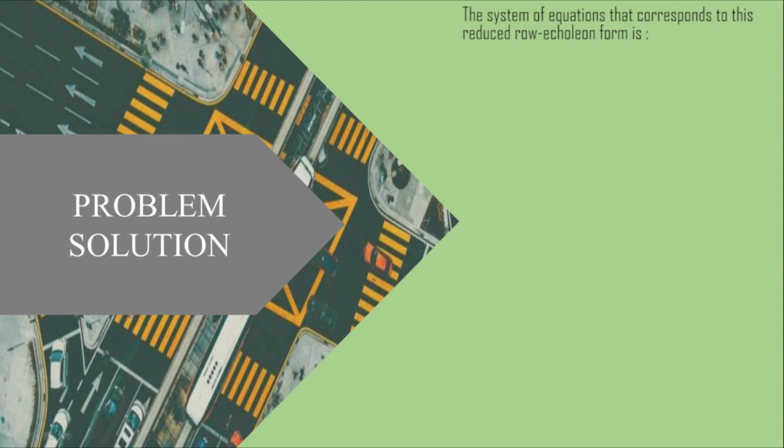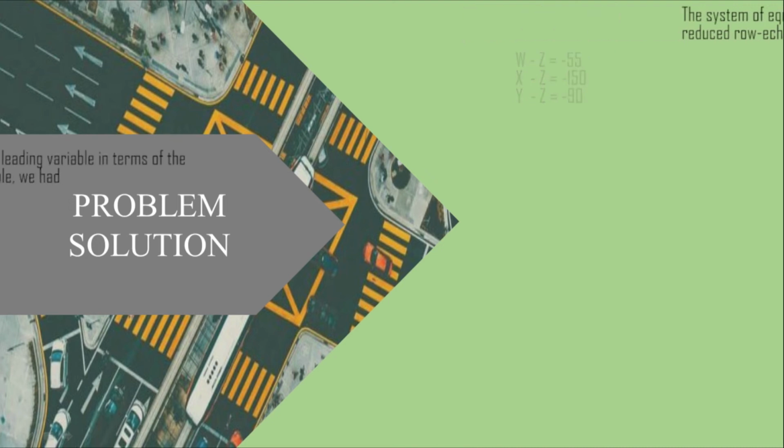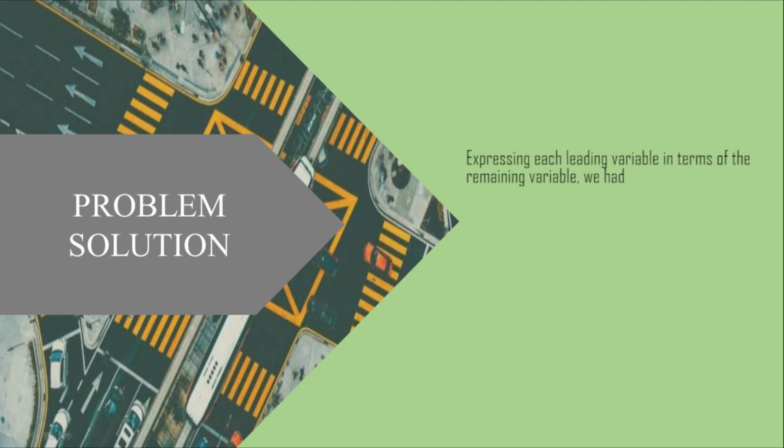So, from the Gauss-Jordan elimination method, we get this system of equations: W minus Z equals negative 55, X minus Z equals negative 150, Y minus Z equals negative 90. Then we move variable Z to the right hand side and get W equals Z minus 55, X equals Z minus 150, and Y equals Z minus 90.